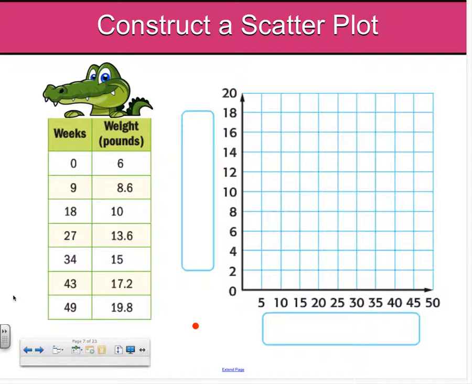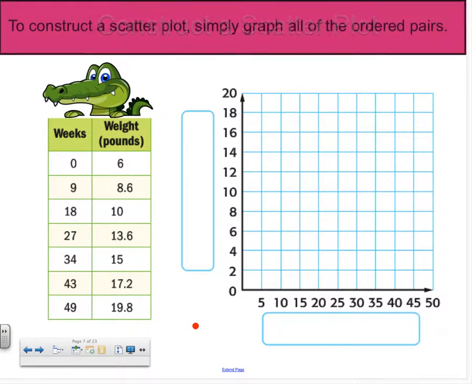So how do we construct a scatter plot? Well, to construct a scatter plot, simply graph all of the ordered pairs. So we've got this baby alligator. We've got data of how old the alligator is and how much he weighed at certain weeks.